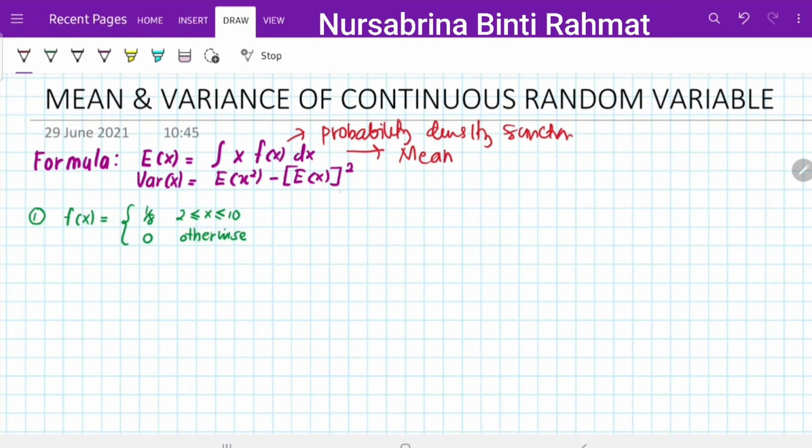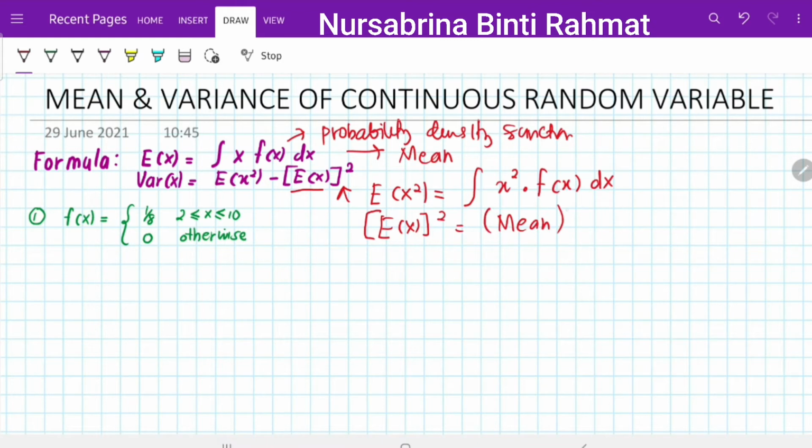Secondly, the second equation is E(X²) minus [E(X)]² in the bracket. This one is to calculate your variance, where E(X²) equals the integral of x squared multiplied with your probability density function, and [E(X)]² is referring to the mean. The value of the mean that you get, you just need to square it.